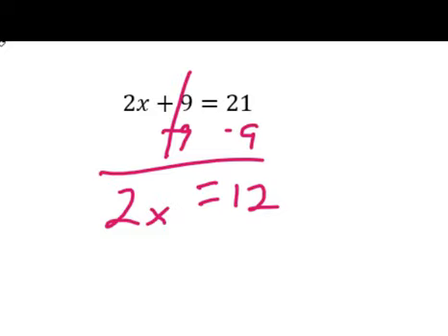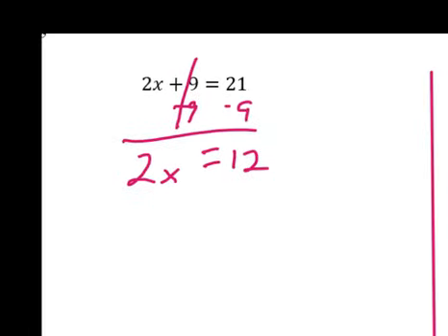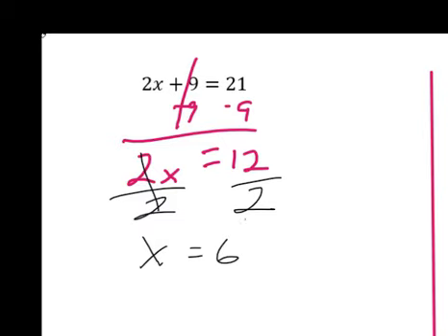So you should know by now that all you have to do is divide both sides by the coefficient. This is my coefficient right here, the 2. So I divide both sides by 2. 2 divided by 2 is 1, 1x equals 12 divided by 2, 6. So the value of x in this exercise is 6.